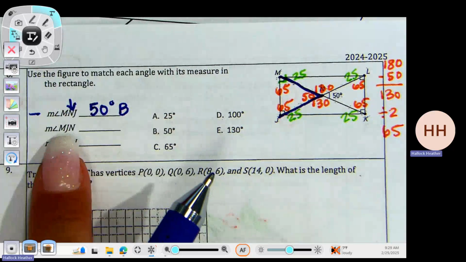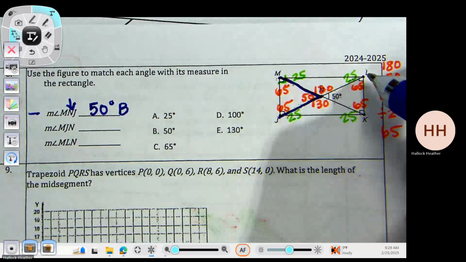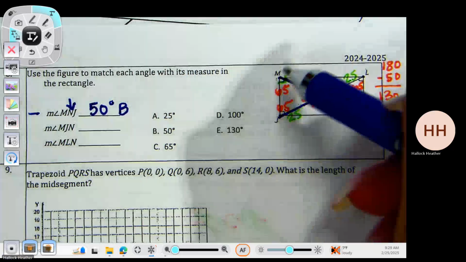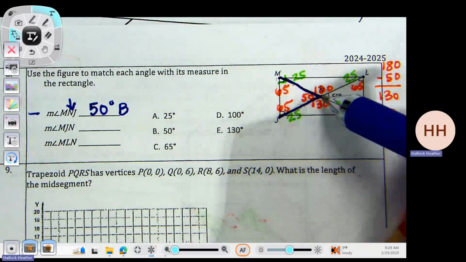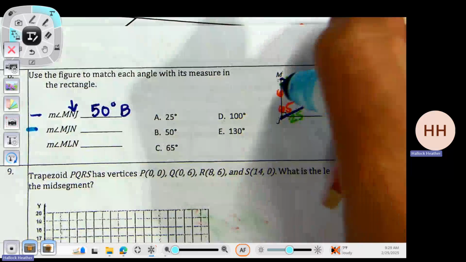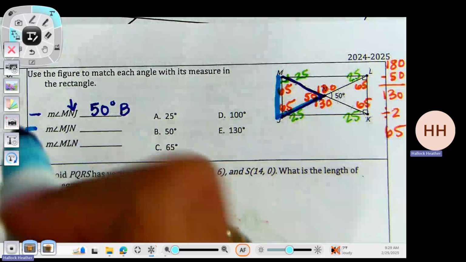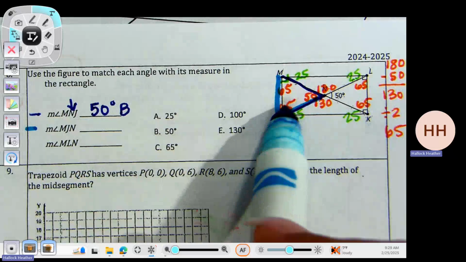The next one says MJN. Where's J? MJN. Let me use a different color. Now we're talking about this one, M to J to N. In the middle, we're focusing on J. J is at 65.